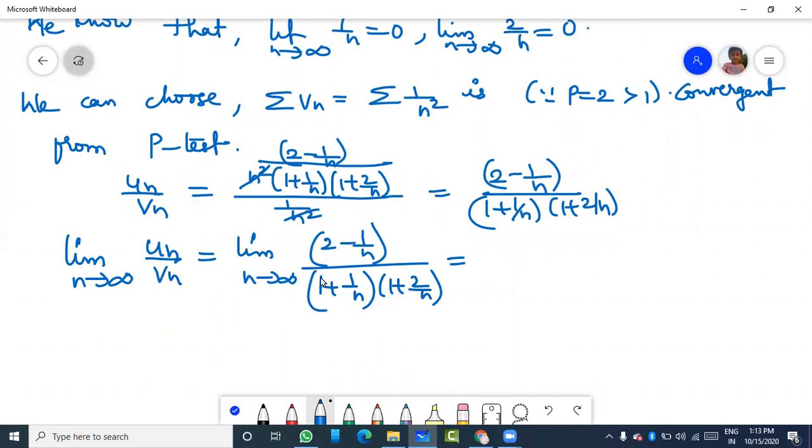After applying the limit, 2 minus 0 by 1 plus 0 into 1 plus 0. It is equal to 2 by 1 equal to 2. This is the L value. It is not equal to 0.